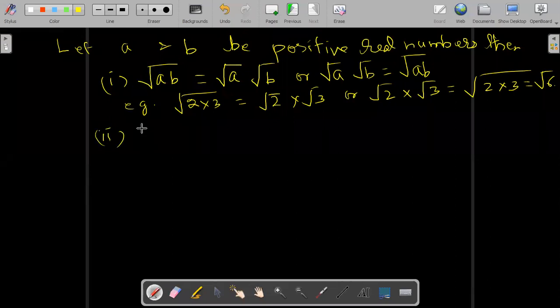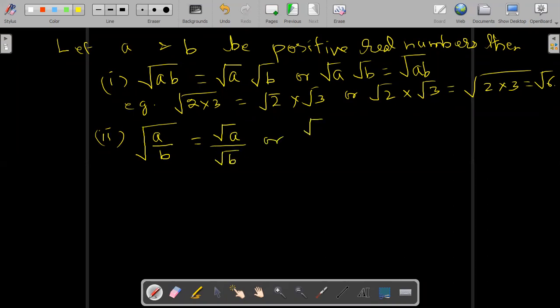If it is in division also, if the two positive numbers are given in one root, remember these all are positive numbers, 2, 3 greater than 0. It can be in decimals also. It's A by B because they are positive real numbers. So this can be written as root A divided by root B. We can split the root in division also, or vice versa.